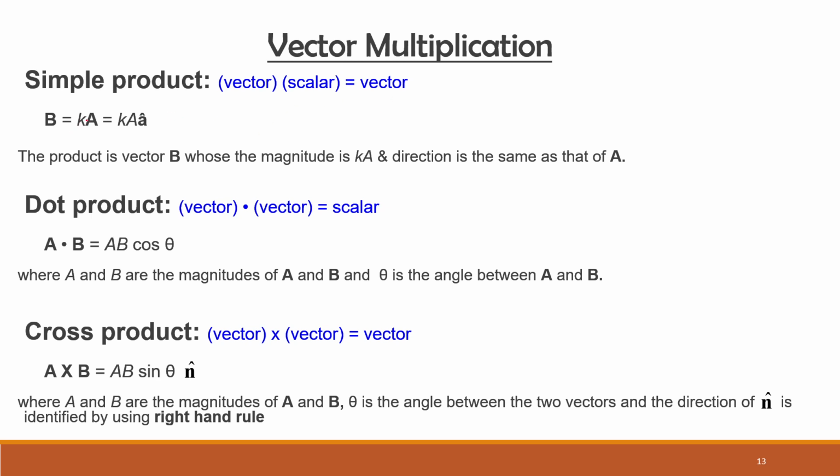Let's say vector A is multiplied by a scalar k. So vector times scalar, the result is still a vector.